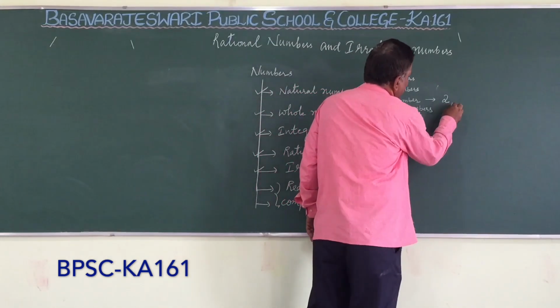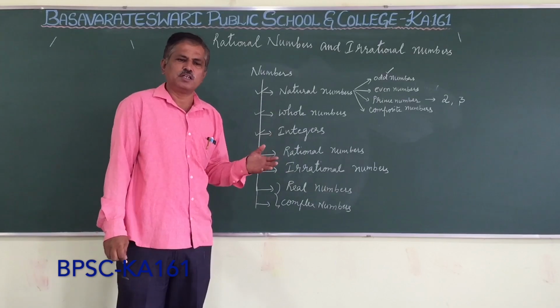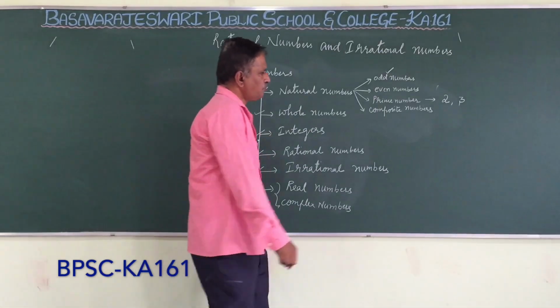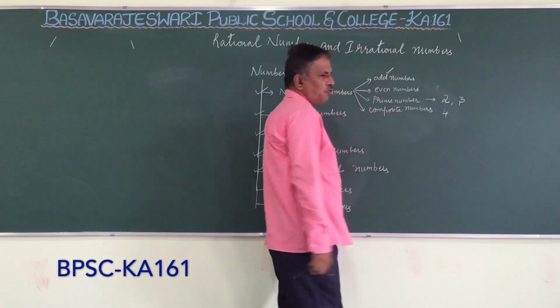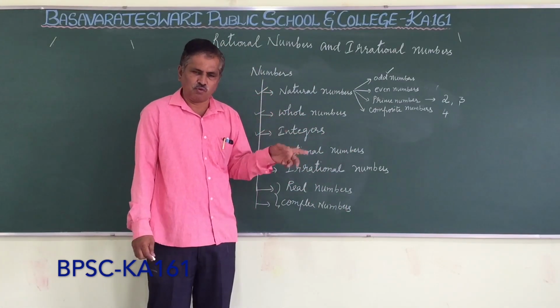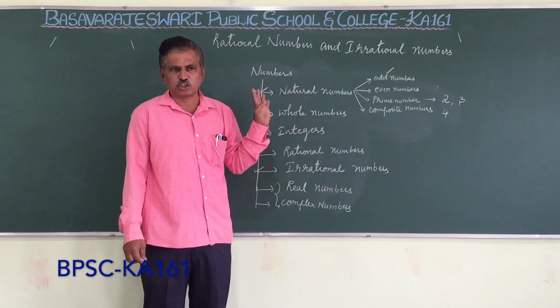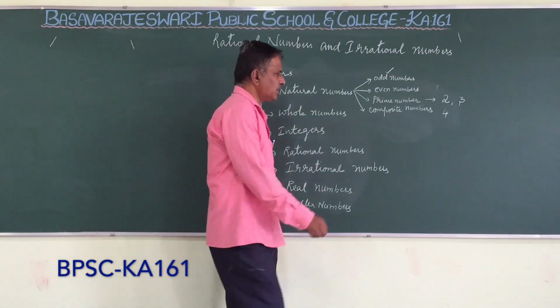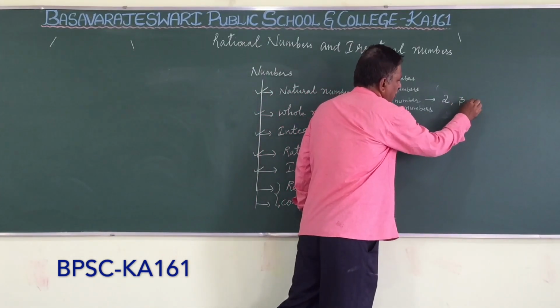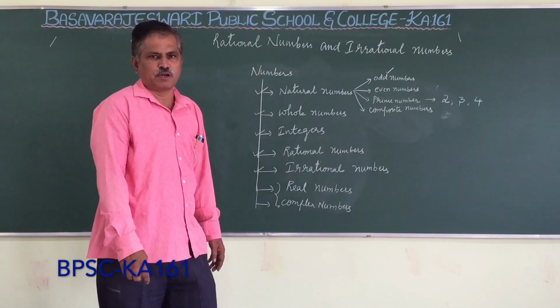If I take 3, 3 can be divided by 1 and 3. If I take 4, 4 can be divided by 1, 4, and also 2, hence 4 cannot be a prime number.